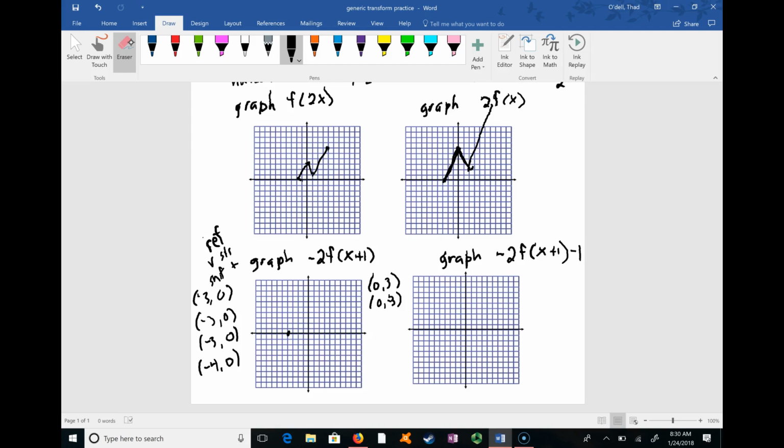And if we apply the vertical stretch, that's 2 times the y-coordinate. That's going to be 0, negative 6. And then finally, if we move it to the left one, that's going to affect only the x-coordinate. That'd be negative 1, negative 6. So I end up at negative 1, 1, 2, 3, 4, 5, 6. And I need to draw a line there.